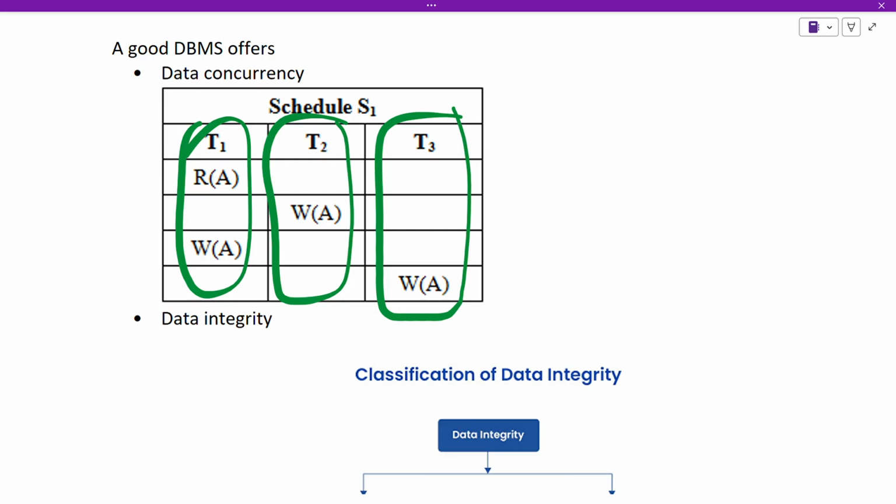So multiple transactions are now running simultaneously, right? This is what we call a schedule. The schedule describes at what point of time what part of the transaction needs to be executed by the CPU. So using the scheduling, we are achieving the concurrency, right?